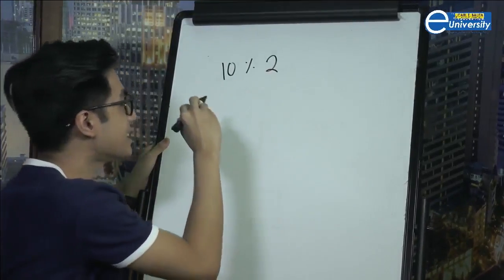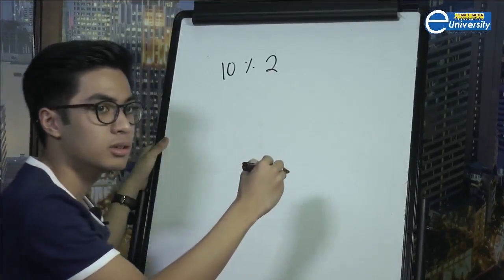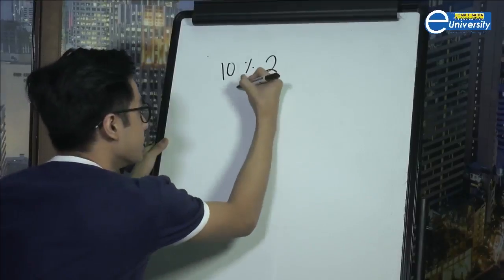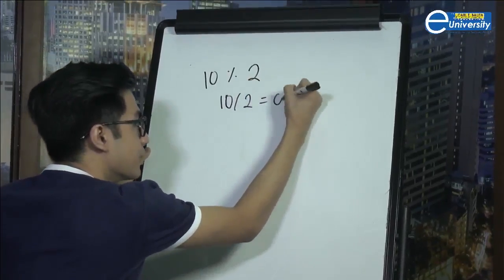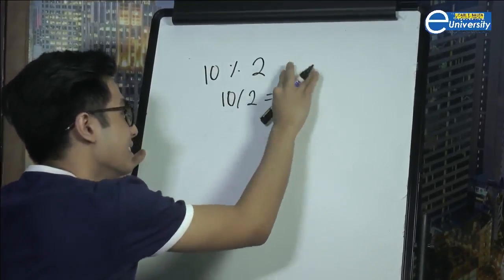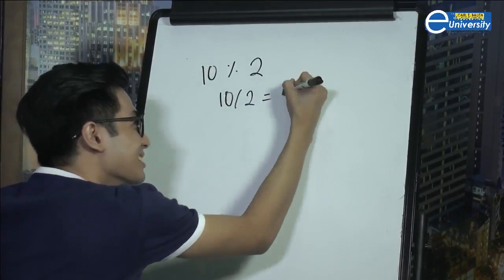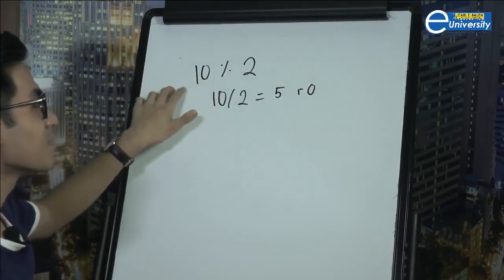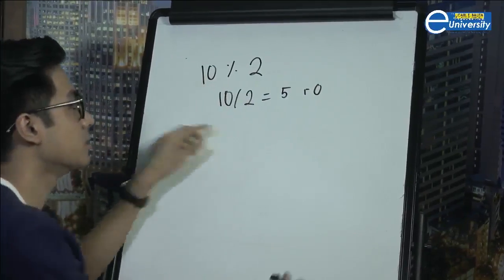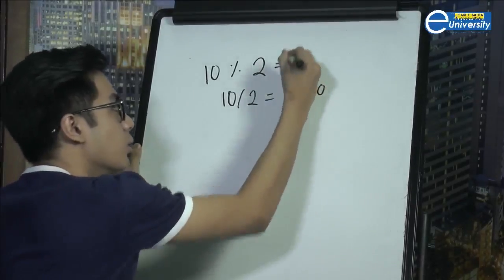What is 10 divided by 2? Oh, wait, sorry. 10 divided by 2 is equal to 5, remainder is 0. So 10 modulo 2 is always equal to the remainder. So it is equal to 0.